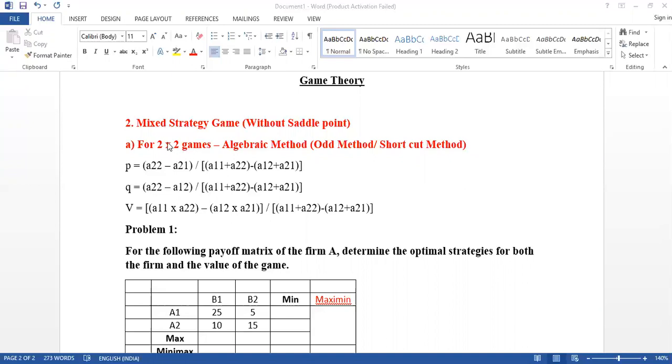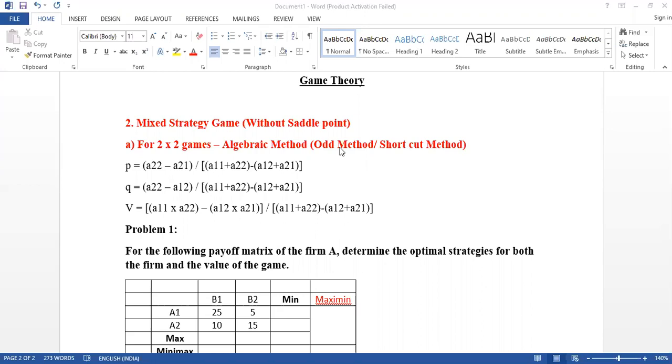2 cross 2 means both the companies have only two strategies. The company which is making profit will have two strategies. The company which is making loss will have two strategies, right? Now, these kind of problems are solved by a method called algebraic method. It is sometimes also known as odd method or shortcut.